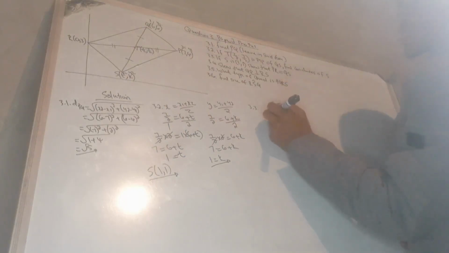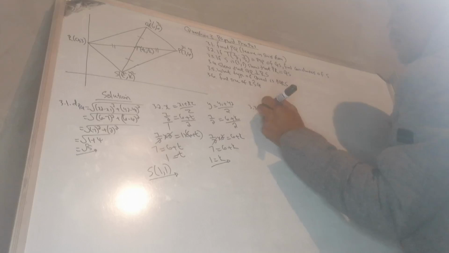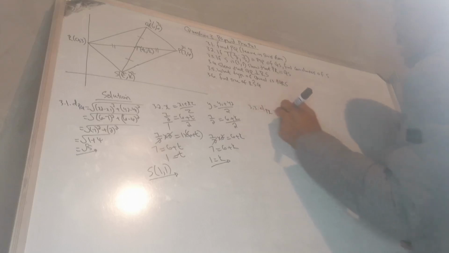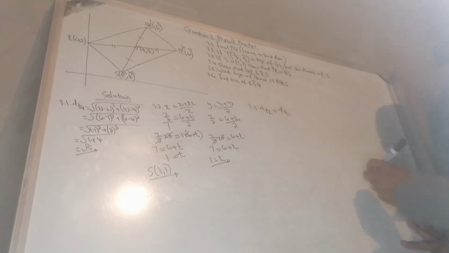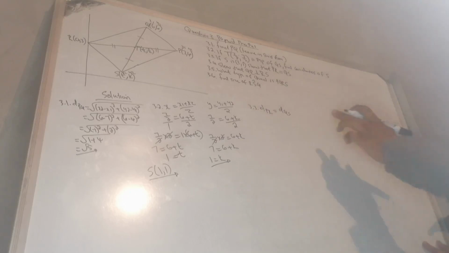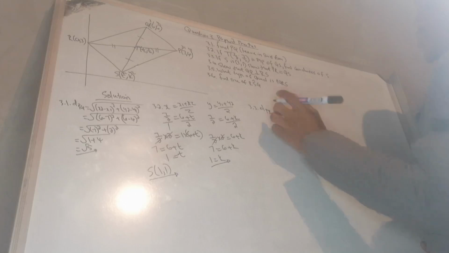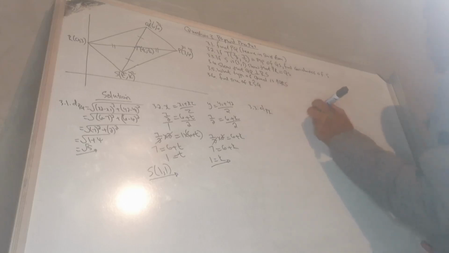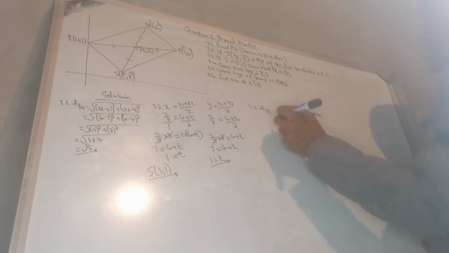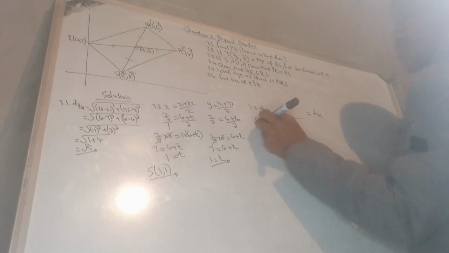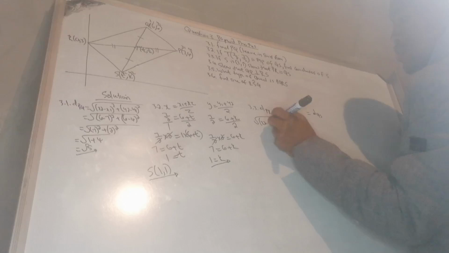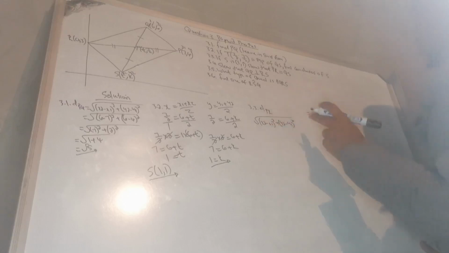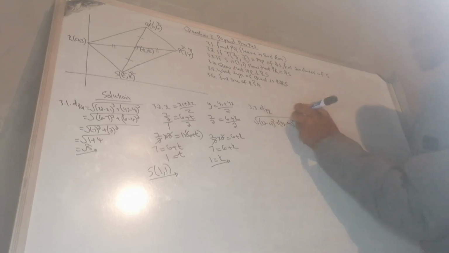So the distance of PR must be the same as the distance of QS. So what I'm going to do is work out each of these distances.